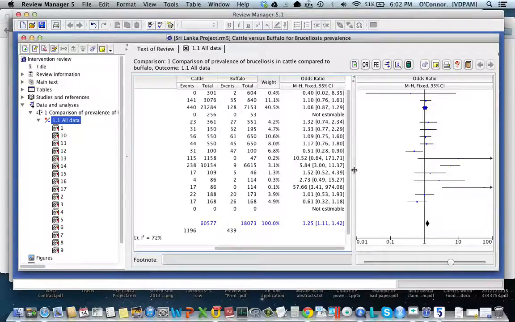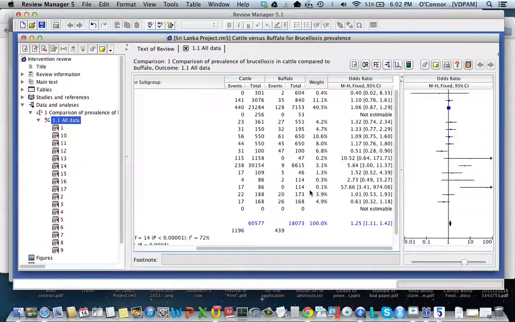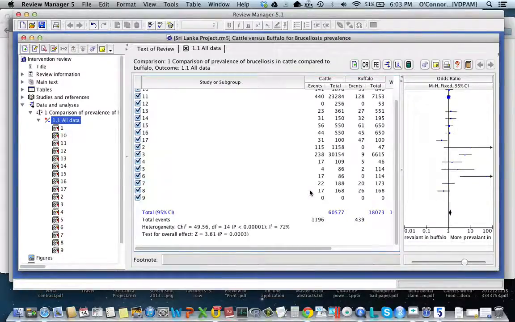Now this concept is very much like the Breslow and Day chi-squared test for homogeneity, which you would have done in your basic epi class when you were doing effect modification. What we're asking is, does it appear that the effect is the same in all the studies? This is exactly the same as when you looked for effect modification or interaction, and in your Mantel-Haenszel you stratified, and you would have looked at the Breslow and Day chi-square test for homogeneity.